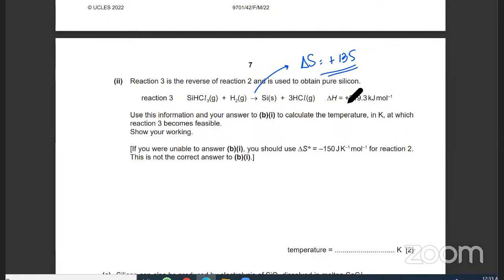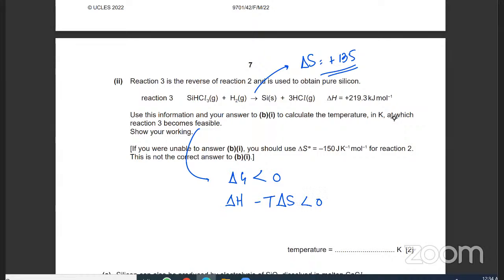Use this information to calculate the temperature in kelvins at which reaction 3 becomes feasible. So when does the reaction become feasible? The delta G has to be less than 0. So delta G is equal to delta H minus T delta S, and that should be less than 0.